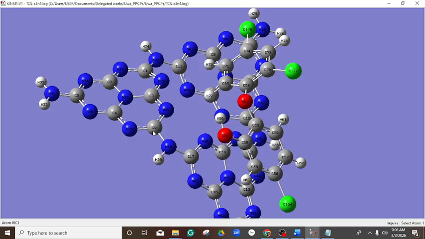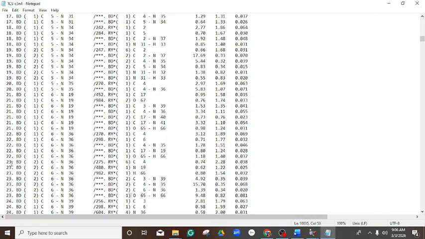Yes, C6 to N36, and this is oxygen 65, hydrogen 66. So you can see that we've gotten our very first interaction between our surface, graphitic carbon nitride, and our adsorbate material, TCS. So that is a perfect interaction that we can record.